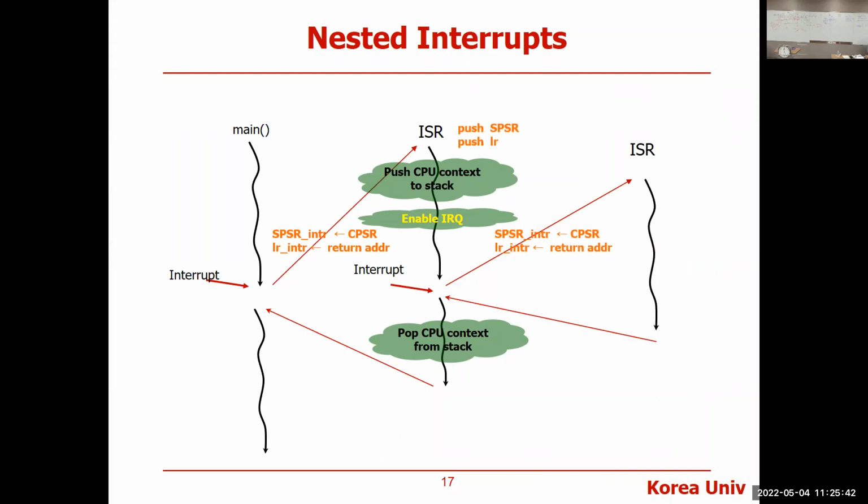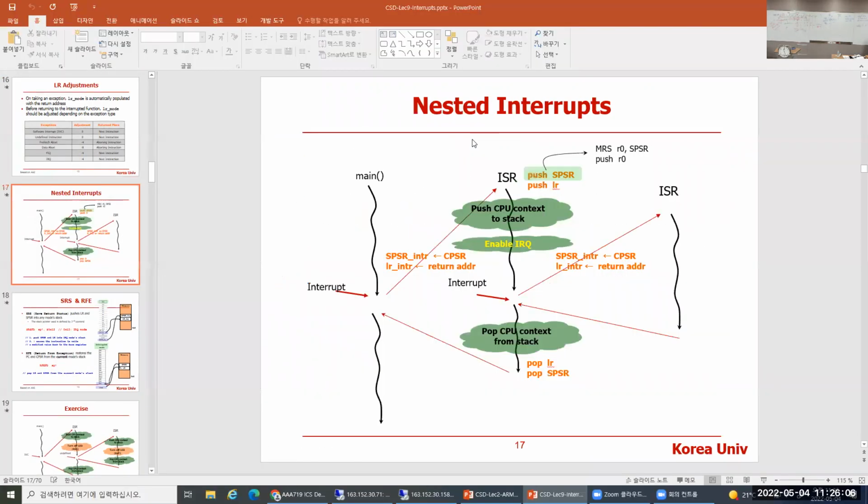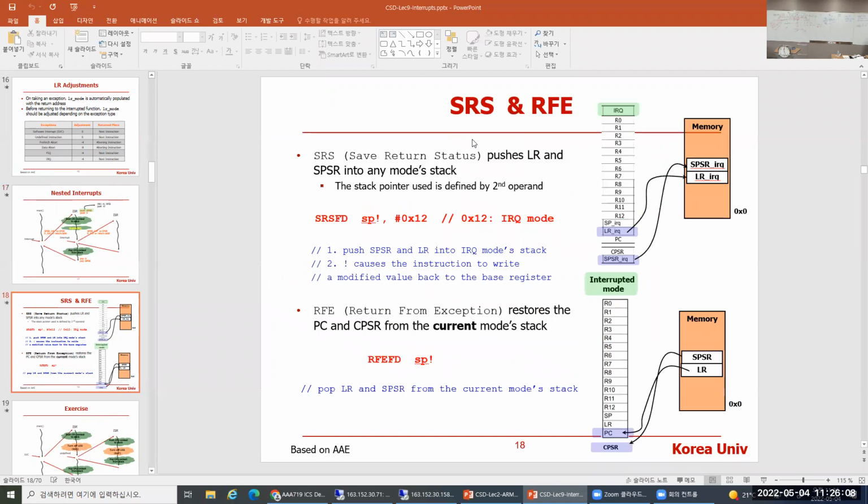Instead of using these two instructions, push SPSR and push LR, ARM provides one simple shortcut instruction to do these two pushes. That is called the SRS instruction. What does that stand for? Save return state.